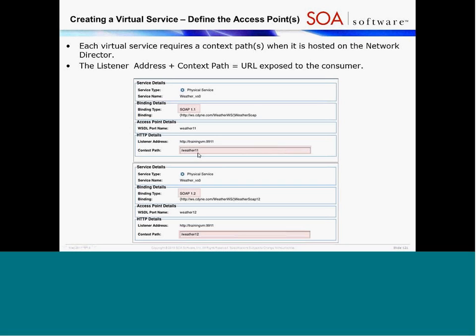Then there has to be something in the request message that can help identify the location and method that you're trying to invoke as part of that service. In this case, the context path is based on the actual SOAP request you're sending.